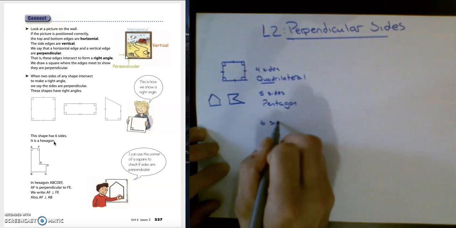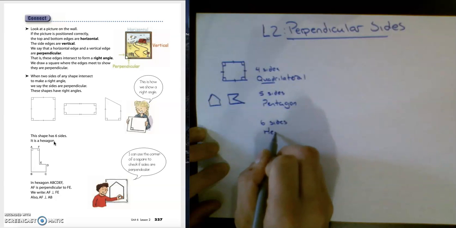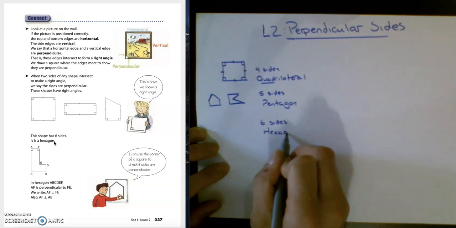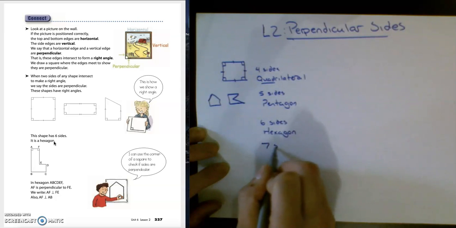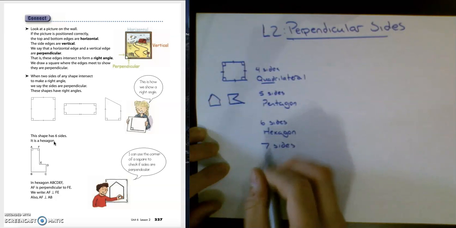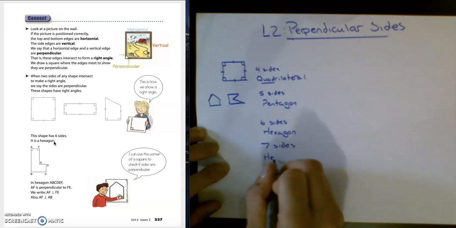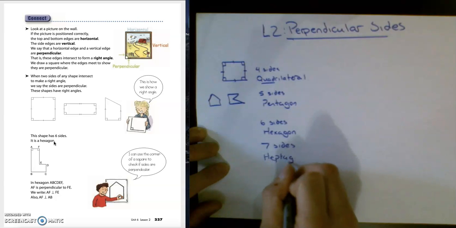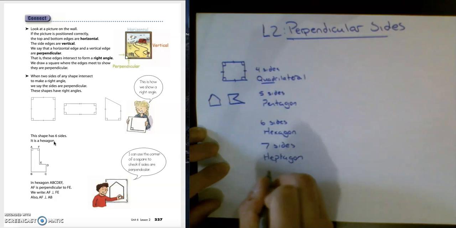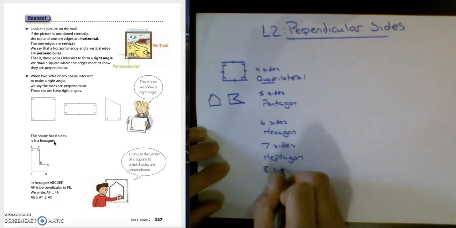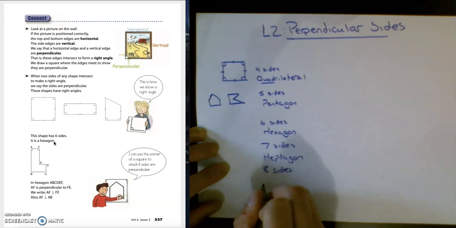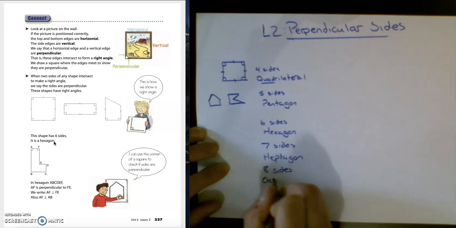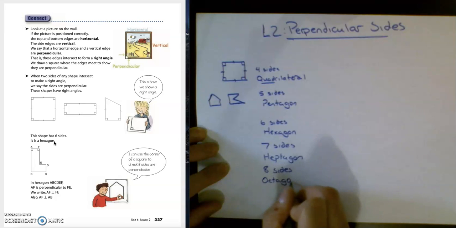6 sides is a hexagon, hexa meaning 6. 7 sides is a heptagon. And I'm just going to go up to 8 sides for now, which is an octagon.